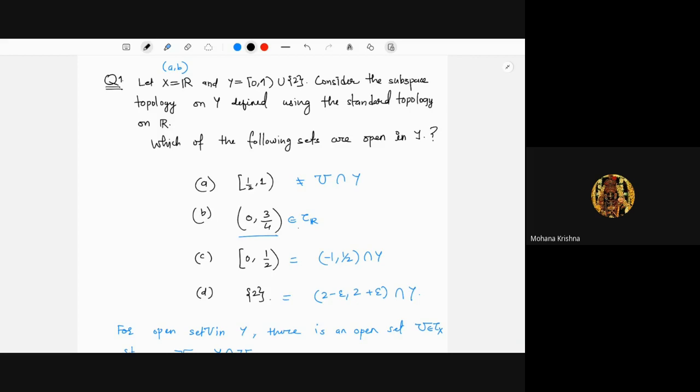Option D is clear, that is open. Whichever set is already open in the standard topology will be naturally open in the K topology also, because the K topology is finer than the standard topology. Am I right or no?